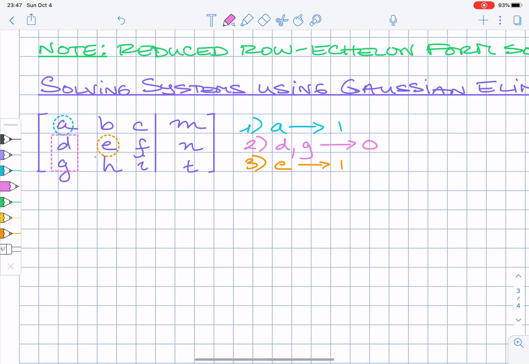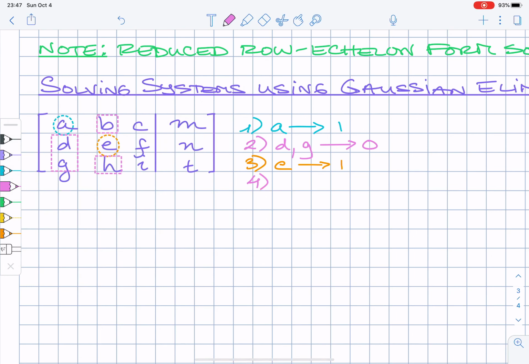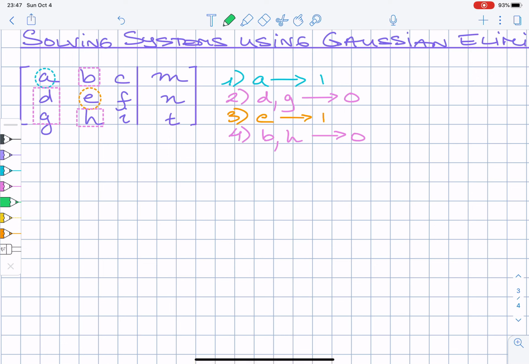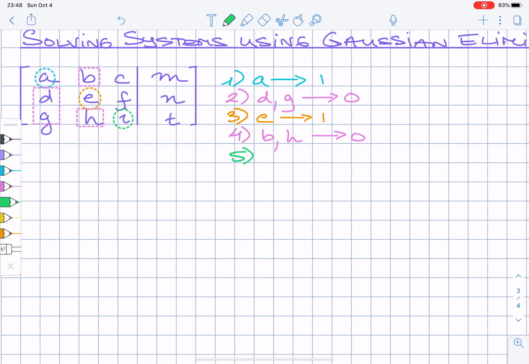Then the next step, so step 4, I want B and H to go to 0. Step 5, we want I to go to 1.